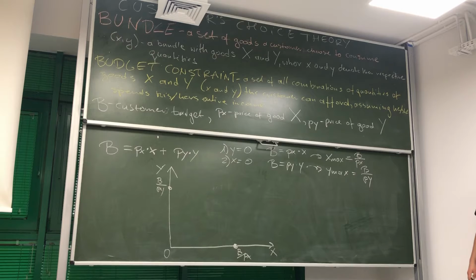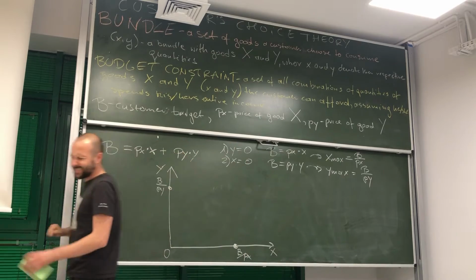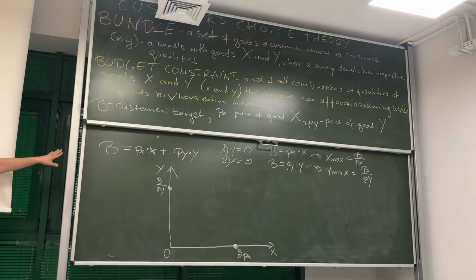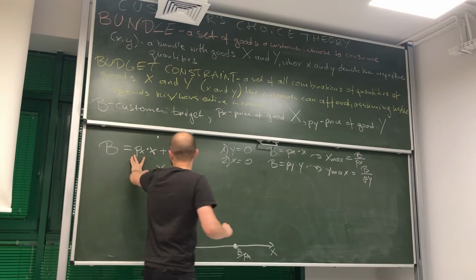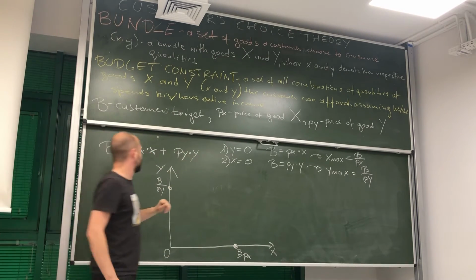So here we have how much the customer can buy, assuming he or she spends the entire money on good Y. And if we notice, this is a linear function. Let me rewrite this function a little bit differently. Let me move this to the other side of the equation.